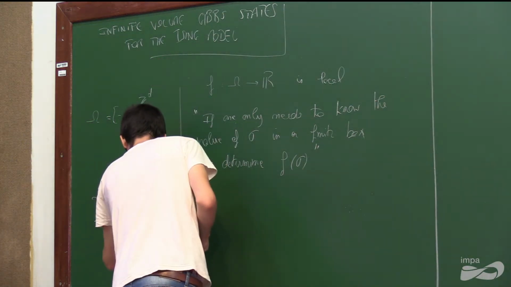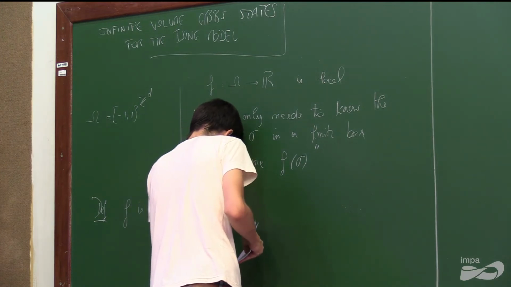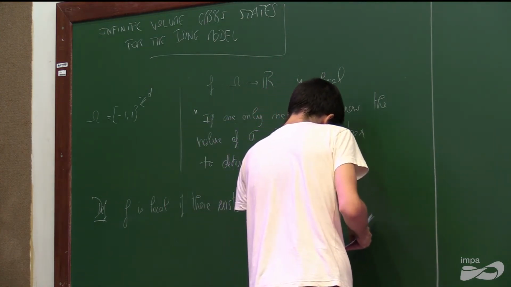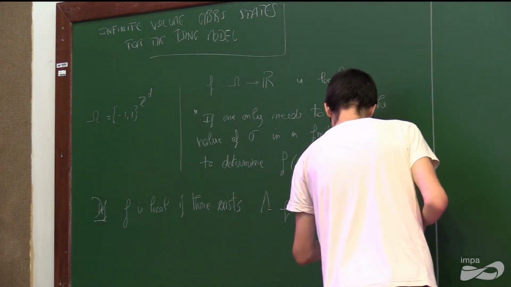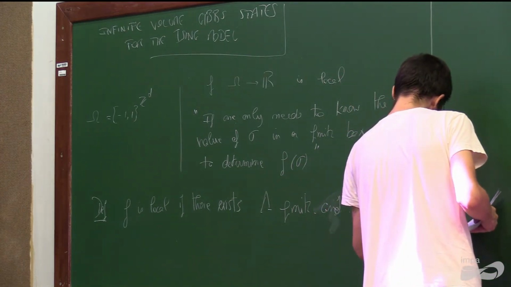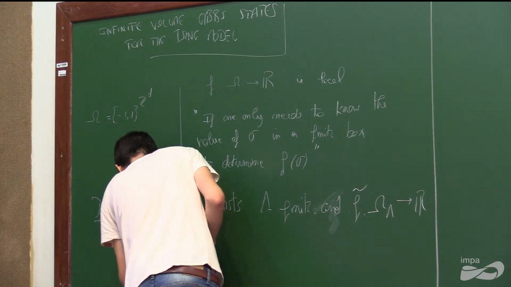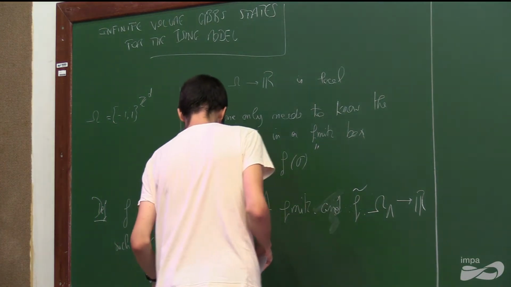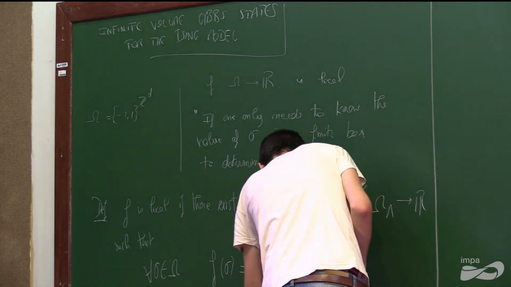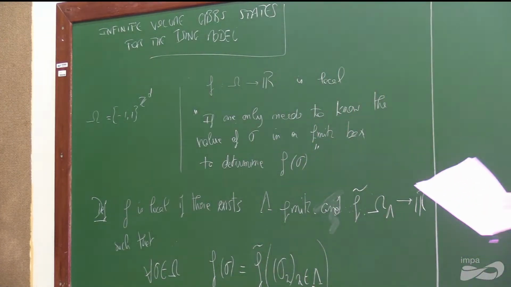So f is local if there exists lambda finite and a function f tilde from omega lambda to R such that for all sigma in omega, f of sigma is equal to f tilde of sigma x, x in lambda. Okay, this is just exactly what I've said before.